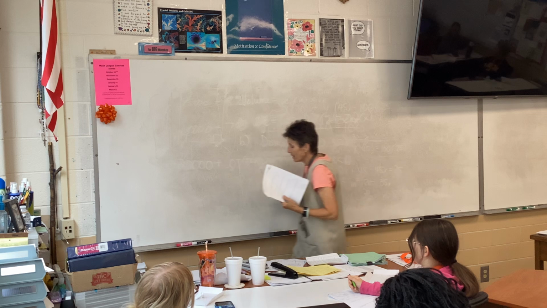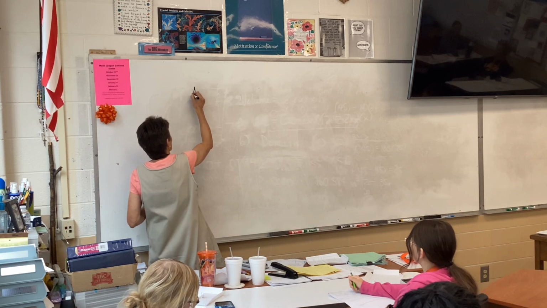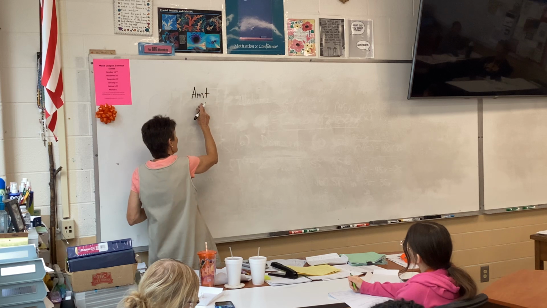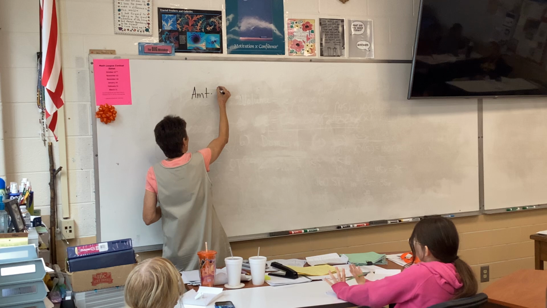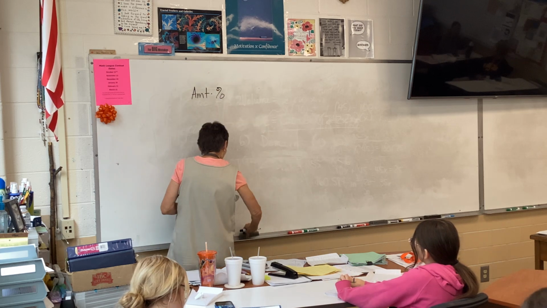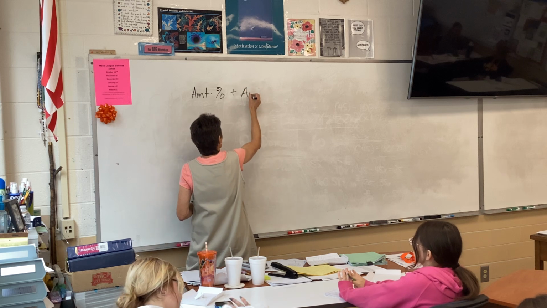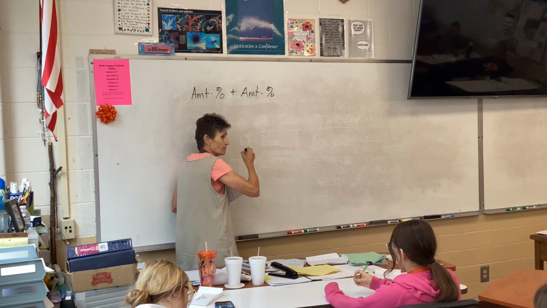When you do a problem like this, the easiest way to do it is take the amount of the first jug times its percentage, and add the amount of the second jug times its percentage.